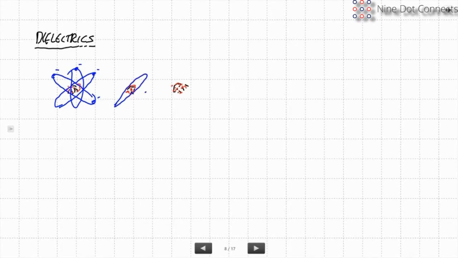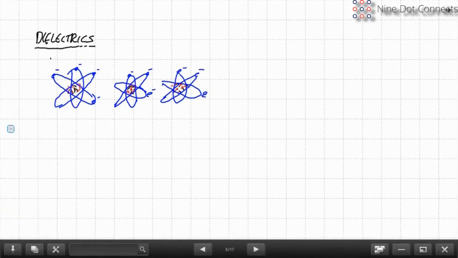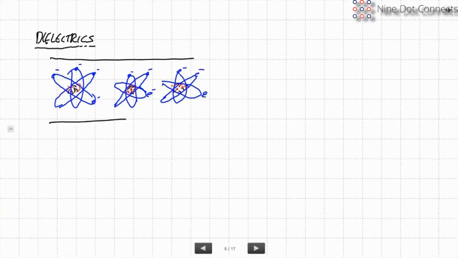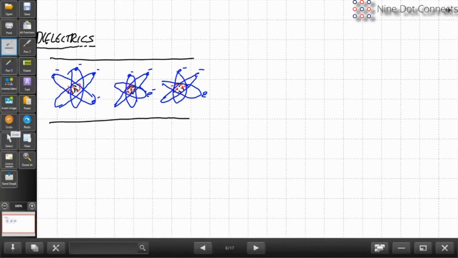Now what happens when you're doing this is, let's assume that you impose a voltage across this dielectric. What happens? Okay. Well, let's say that we actually put some kind of a conductor on each side of this dielectric, and let's assume that we charge one of them.